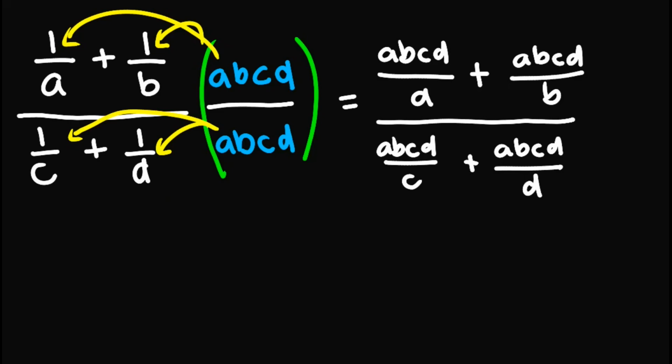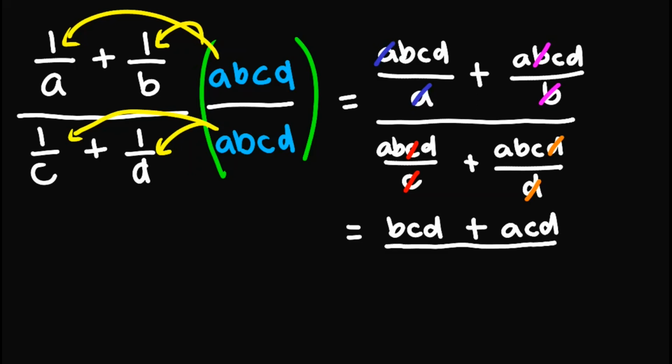We have a common factor of a out here, so we cancel that out. We have a common factor of b, common factor of c, and common factor of d. So this simplifies into bcd plus acd all over abd plus abc. And this could be our final answer.